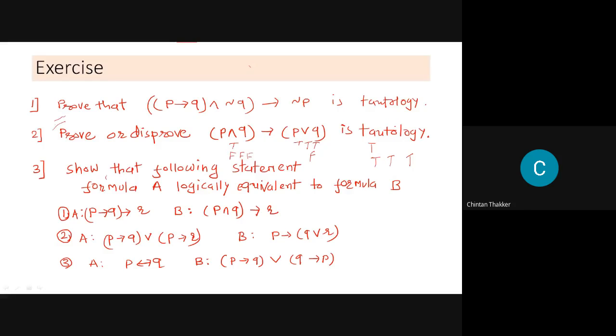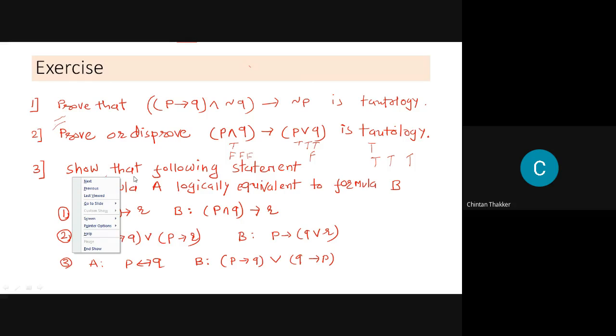Now, in the third question, in place of "so that", we have to check whether the following statements are equivalent or not.